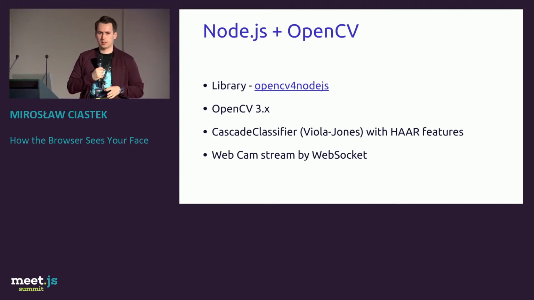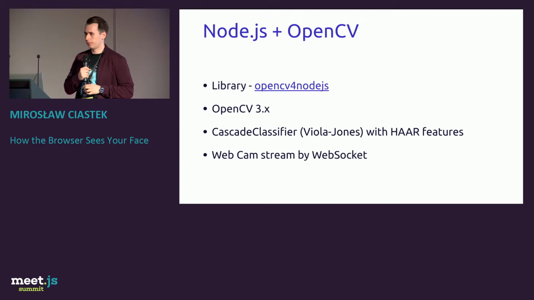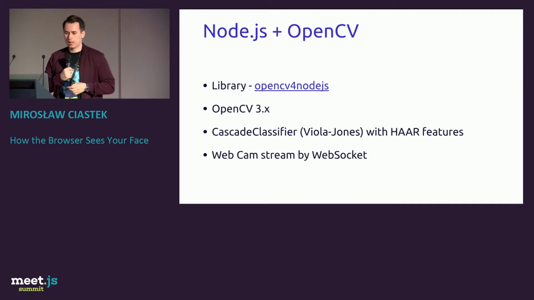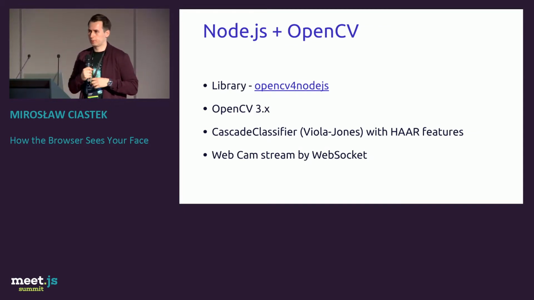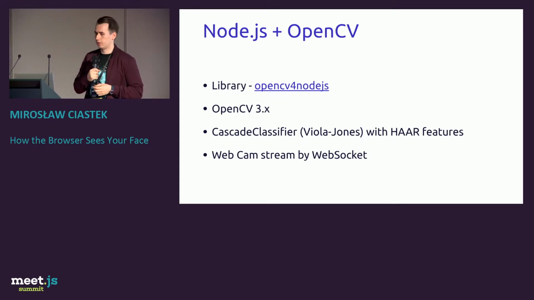OpenCV is a very popular computer vision library. It's open sourced, maybe that's why it's popular, and also for us, JavaScript developers, because OpenCV is written in C++, we can use it in Node.js. How to do it? We just grab one of the libraries that provide bindings for OpenCV for Node.js, and we can use it.